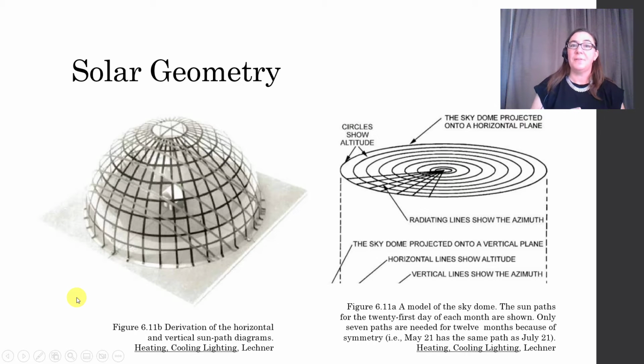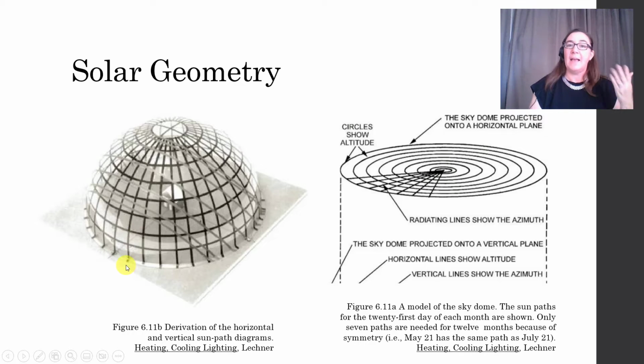The picture on the left you see here is called a solar dome, and it's really a depiction of how we measure these different angles. And so you can see that altitude is the angle up in the sky. And you'll see each of these hoops or rings indicate a different altitude, a different angle as they move up towards 90 degrees.